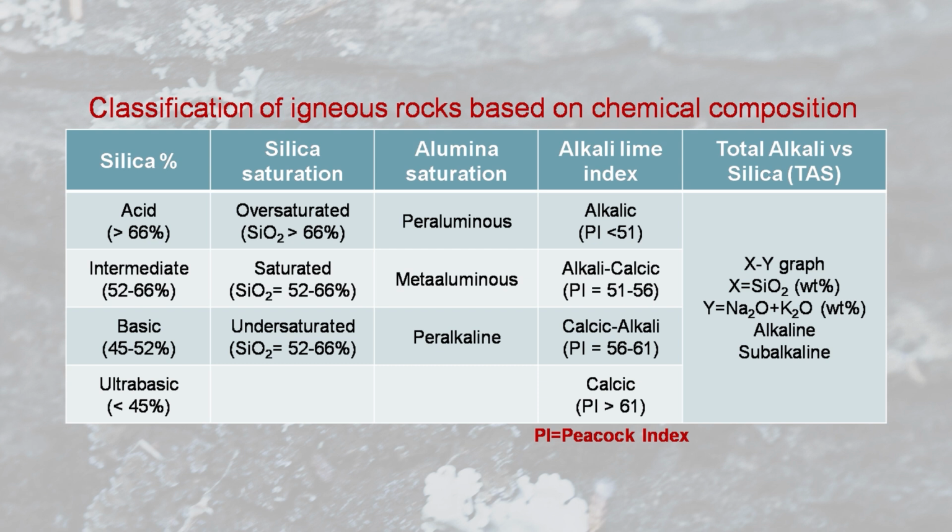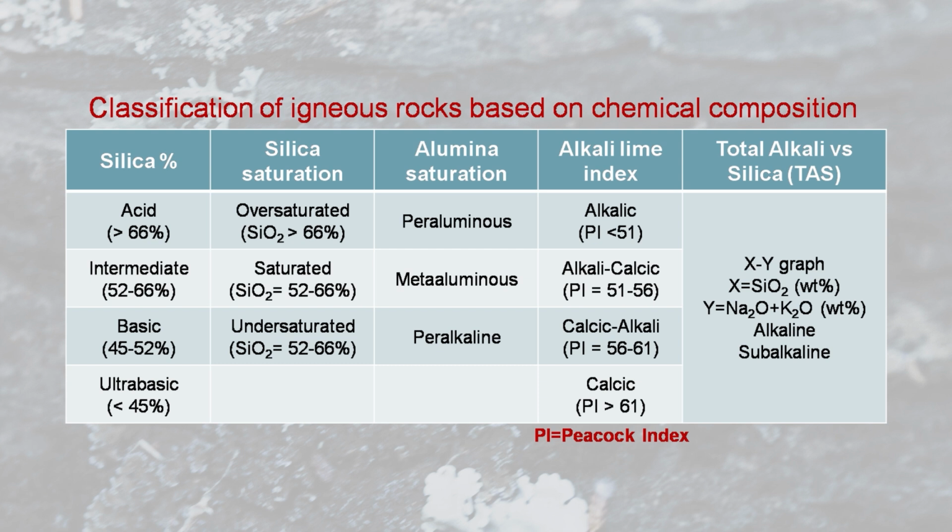If that value lies less than 51, we call those rocks alkalic. And if we have Peacock index lying between 51 to 56, we call that alkali-calcic. Then we have calc-alkalic, where the Peacock index is between 56 to 61, and we have the calcic variety where the Peacock index is more than 61.